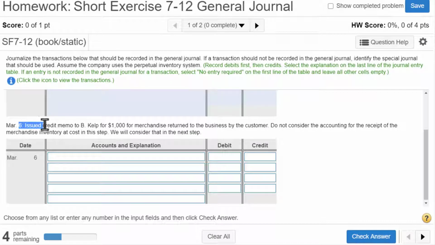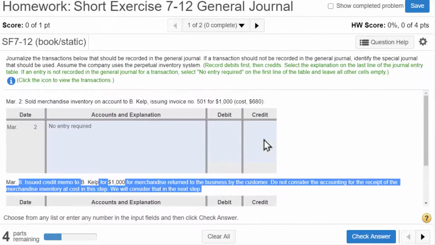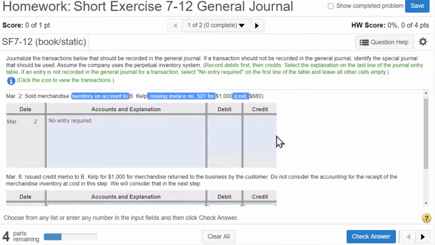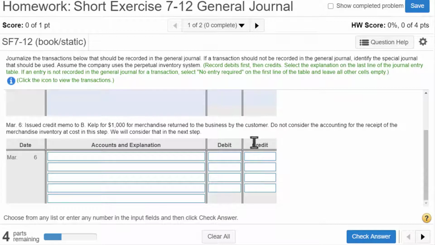Next, March 6th, issued a credit memo to B Kelp for $1,000 for merchandise returned to the business by the customer. Remember, in the previous transaction, we sold B Kelp $1,000 worth of goods that cost us $680. Now they are returning those goods to us.